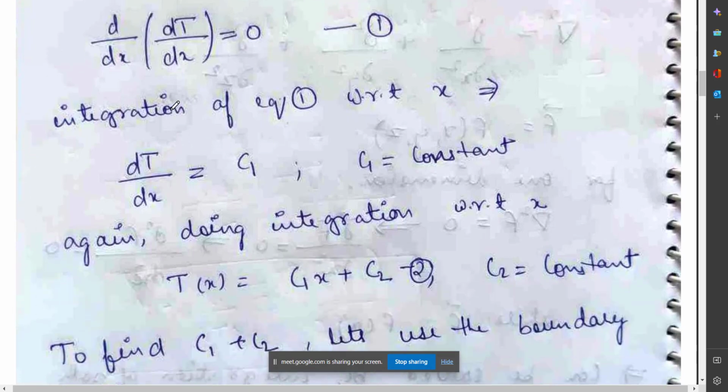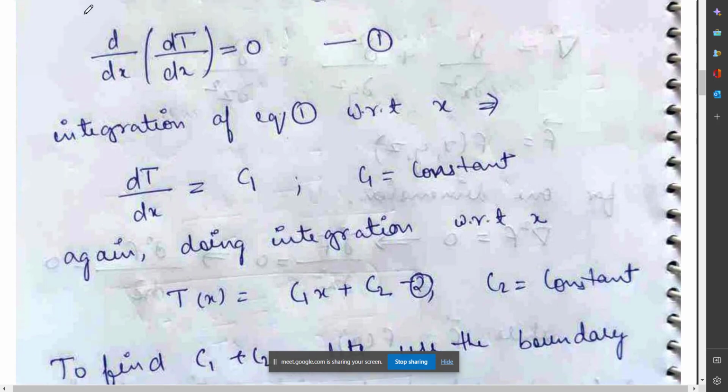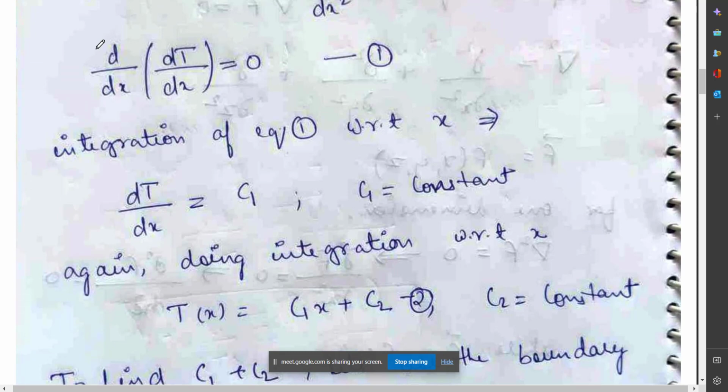Now let's integrate it here. Let's put integration here and here. Then what will happen?